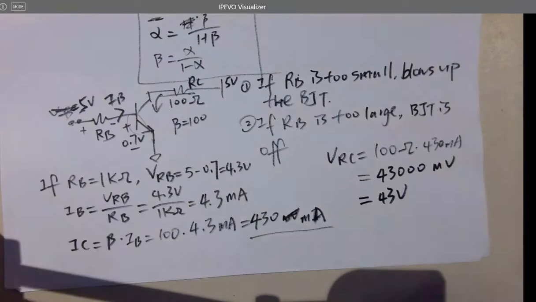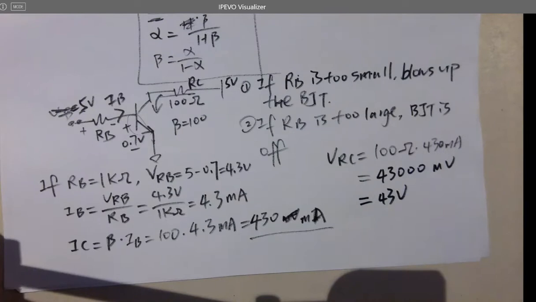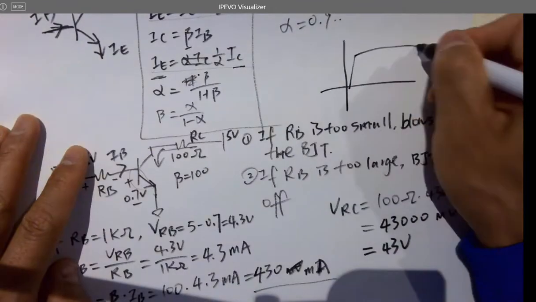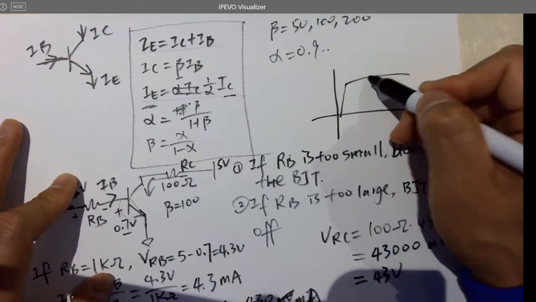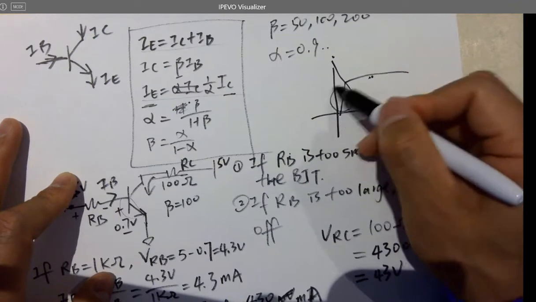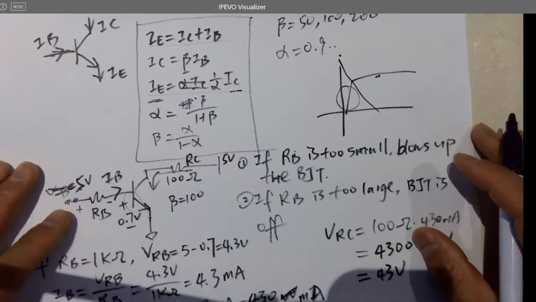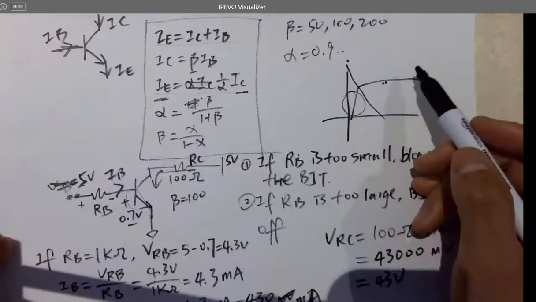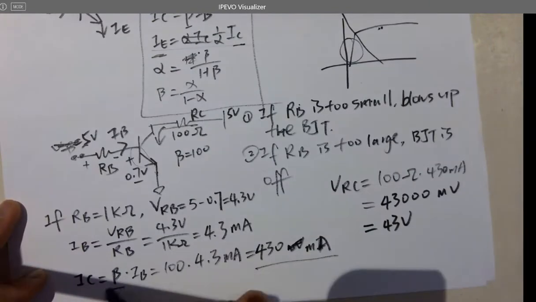It's not possible. So what's the problem here? What's happening? We assumed it is being operated in this active region, but actually it's not. It's being operated here, which means the beta is not 100 anymore. But we are assuming it's here, and we are using 100 for beta.